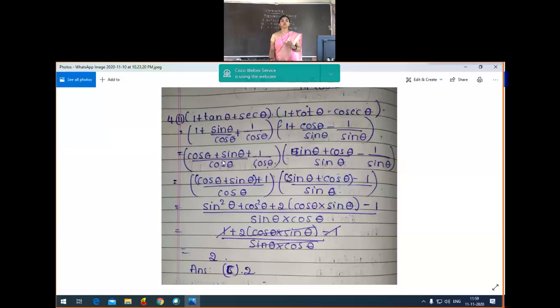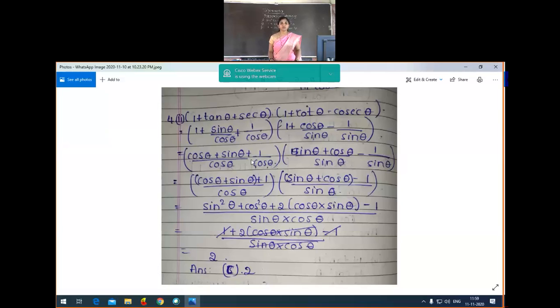Here, add 1 plus sine theta by cos theta. Here it is 1 actually. What is the LCM? Cos theta is the LCM. Then cos theta plus sine theta, plus 1 by cos theta as it is. Here also we have to add these two. Sine theta is the denominator. Then sine theta plus cos theta divided by sine theta, minus 1 by sine theta.